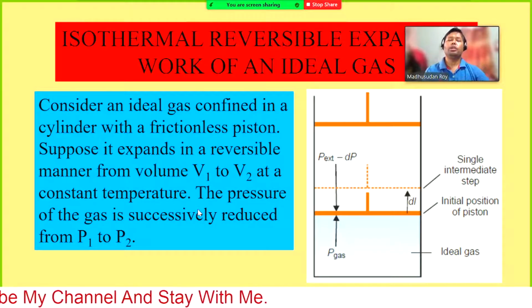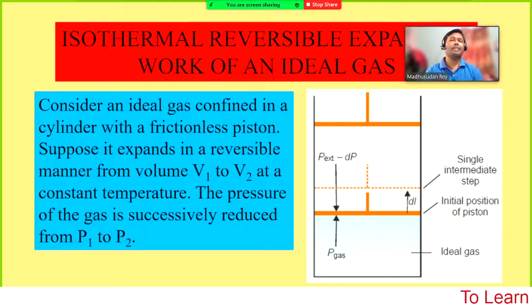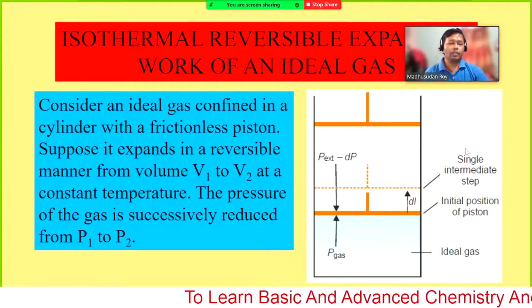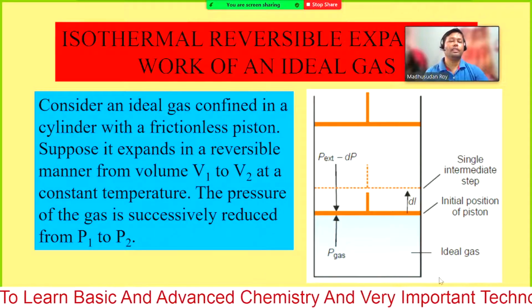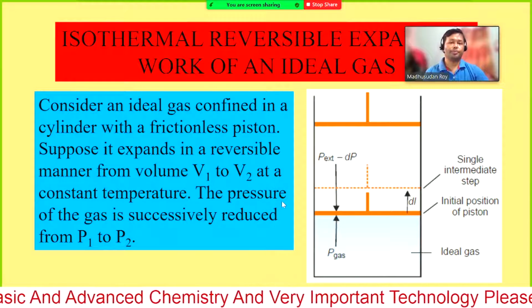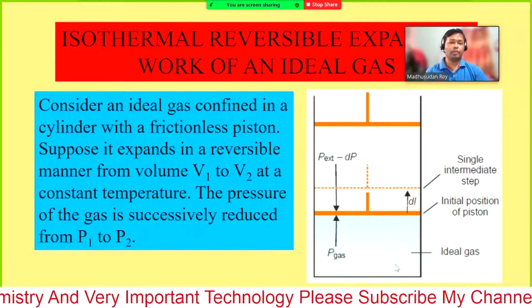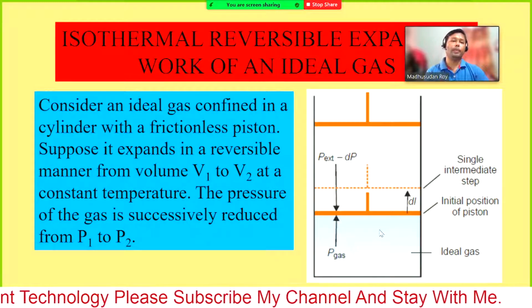That means we don't want to change the temperature of the system, nor of the surroundings. If it needs to be reversible, then the temperature of the system and surroundings need to be equal.